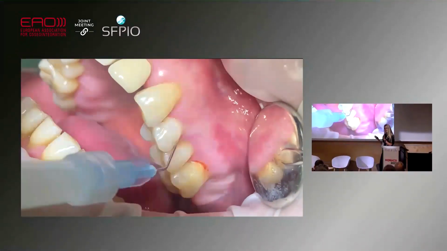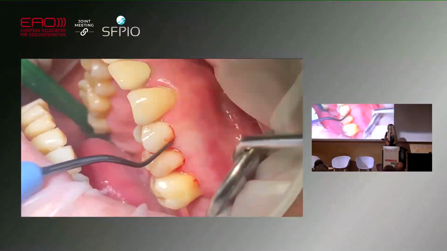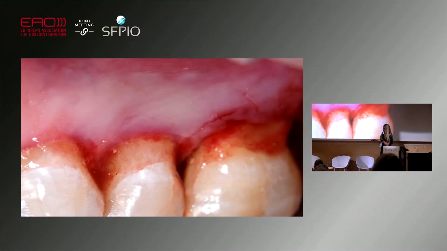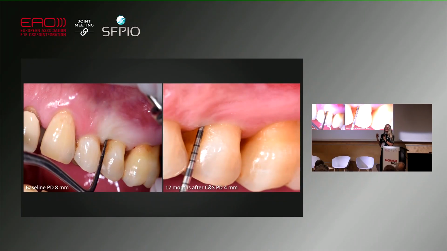Now you will remember the protocol really well because we are repeating it a lot. Instrumentation and cross-linked hyaluronic acid. After 3 months, I have 3 millimeters. The patient actually is a heavy smoker, so we have some impaired healing processes, and he disappeared for some time.